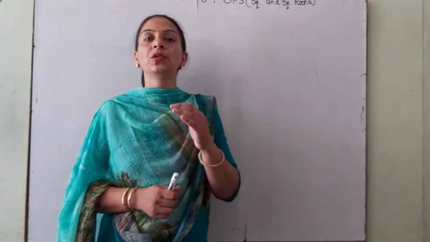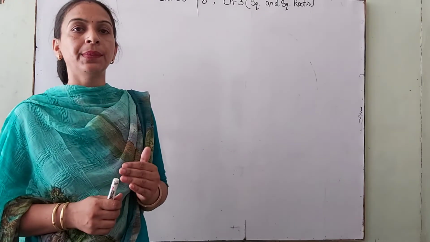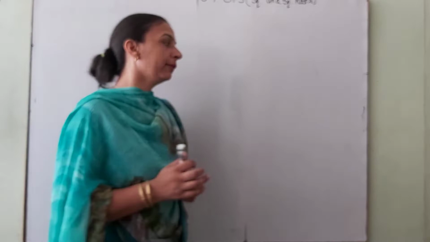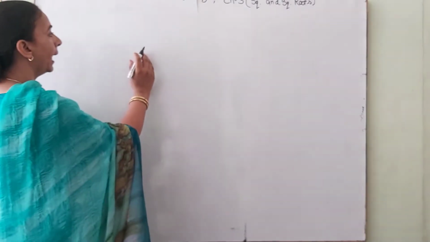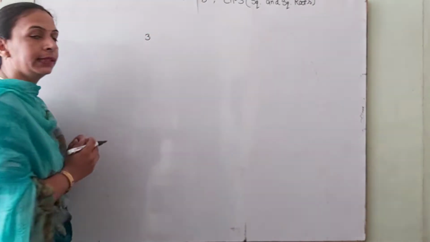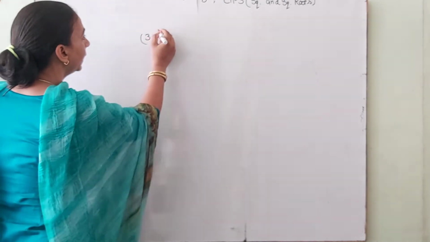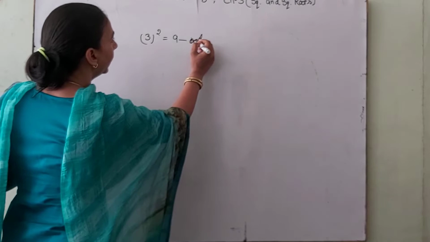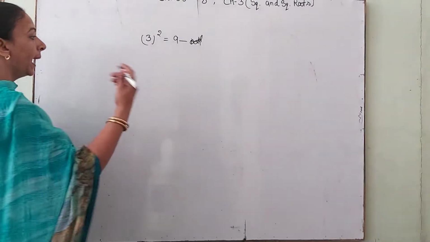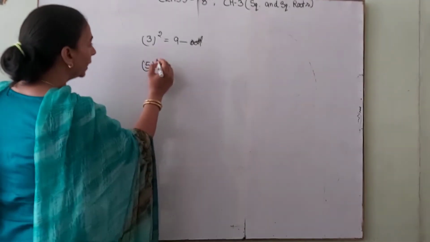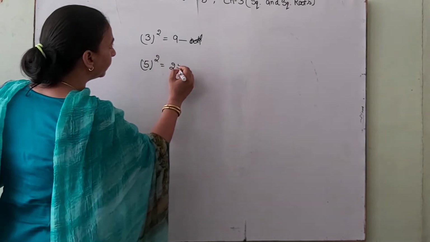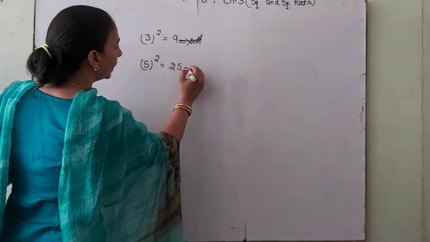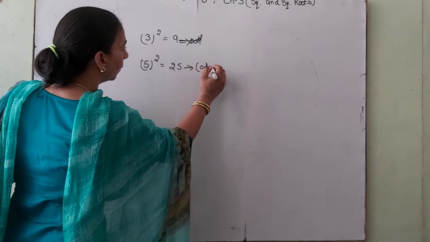First, the square of an odd number is always odd. For example, if we have an odd number 3, then the square of 3 equals 9, and 9 is also odd. Any odd number, say 5, the square of 5 equals 25, and 25 is also odd.